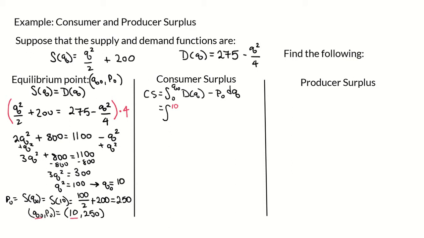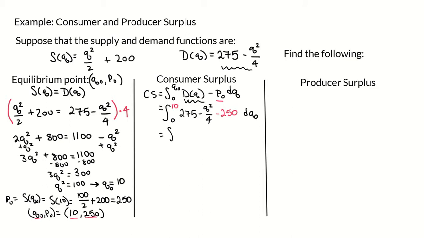So we get the integral from 0 to 10. Our D of Q function is 275 minus Q squared over 4. And then our P naught value is 250. So minus 250 dq.